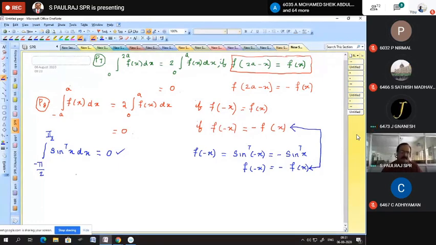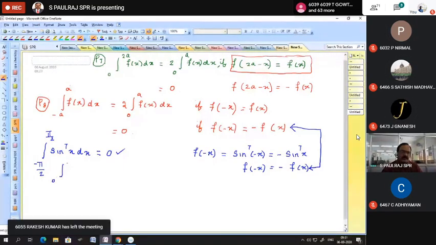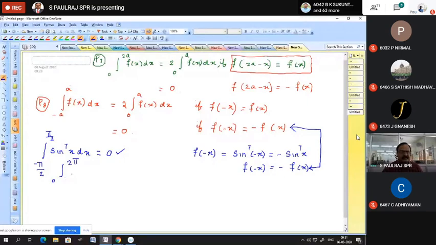Next column: integral 0 to 2 pi of cos power 5 x. Someone answered minus 1.